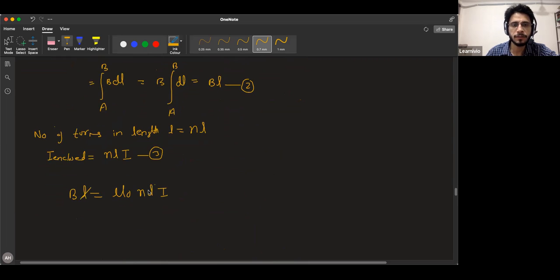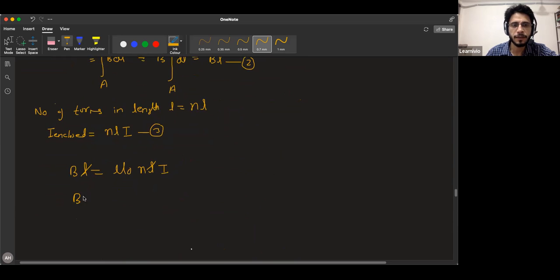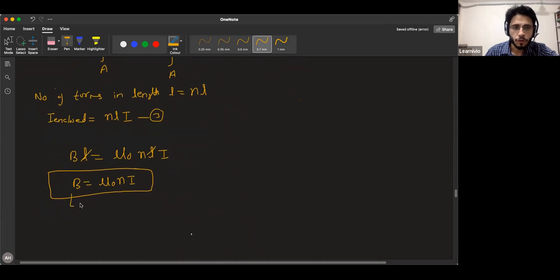L will cancel with this L, and I get that the magnetic field B is mu naught nI for the solenoid. But before using this expression, you should remember 2 approximations. The first one is that this is valid only for a long solenoid.